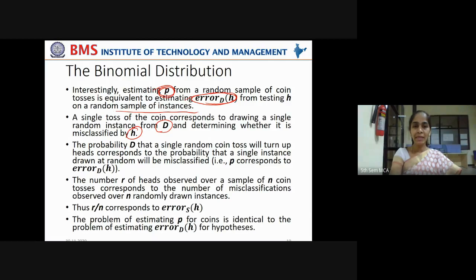Now, the probability D that a single random coin toss will turn up heads corresponds to the probability that a single instance drawn at random will be misclassified. In the coin toss case, it is the probability that a single random coin toss will turn up heads. In the case of our hypothesis, it is the probability that a single instance drawn at random will be misclassified.